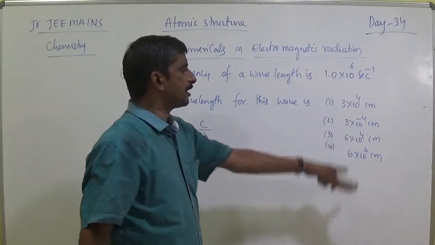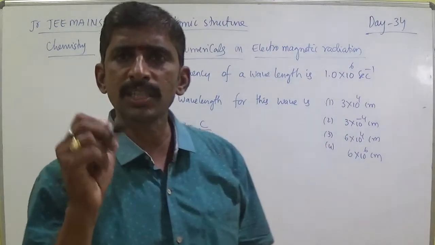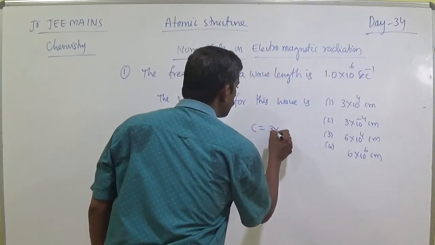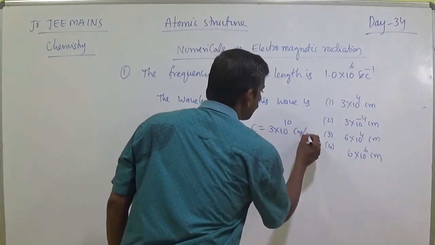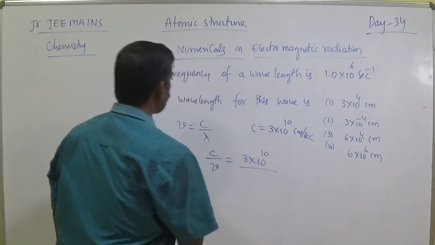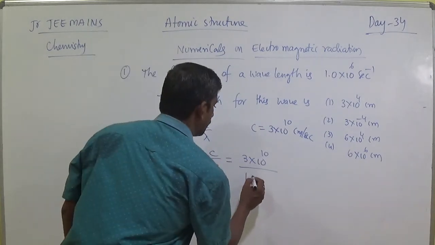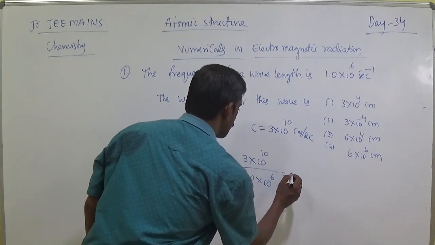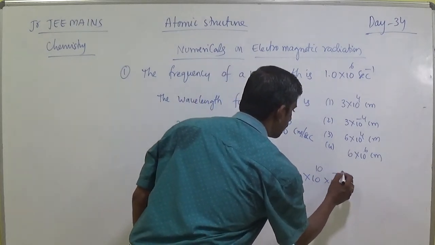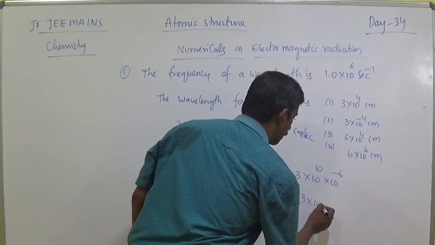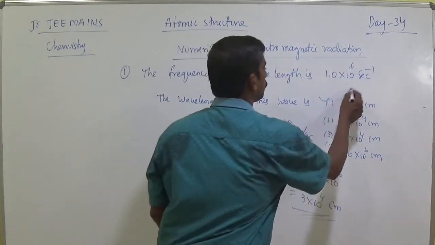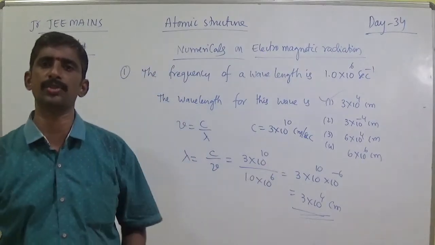The options are in centimeters, so velocity of light we take in centimeters: 3 into 10 to the power 10 centimeter per second. That means 3 into 10 to the power 10 by mu, given as 1 into 10 to the power 6. So 3 into 10 to the power 10 into 10 to the power minus 6. The answer is 3 into 10 to the power 4, and the unit is centimeter. So the first option is correct. Very easy, my dear students.